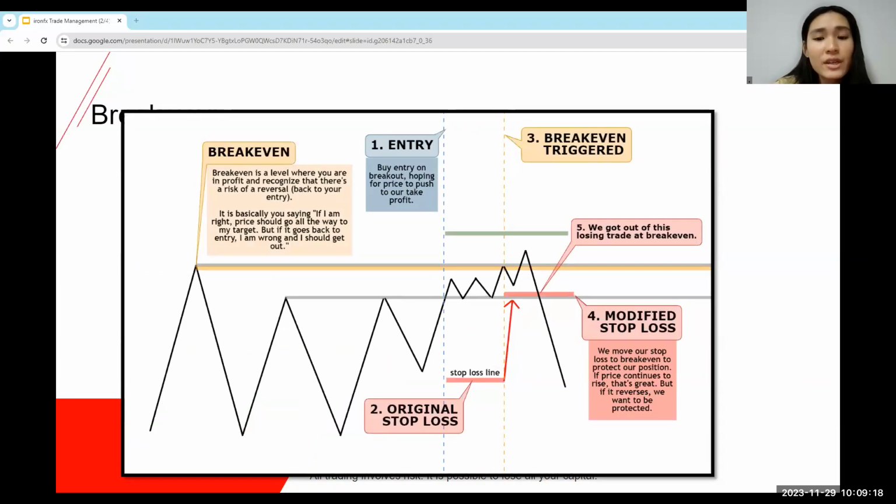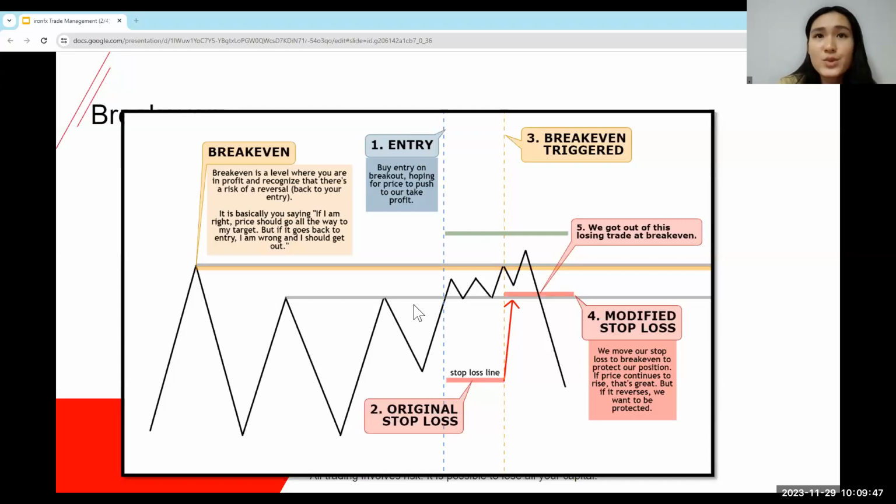Okay, so this is how it works. Break even is the level where you are in profit, which is over here, the first point. You're in profit, you recognize that there is a risk of reversal. So if you follow this based on the numbers, firstly, we have our entry, which is at this double swing high resistance over here, and then we are going in for a buy entry on this breakout of this resistance level.